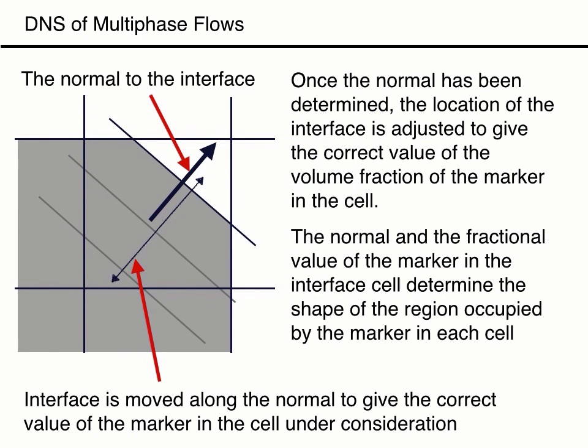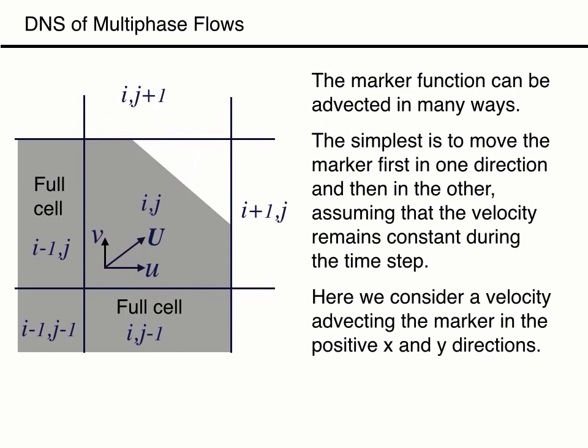Once the normal is found, the slope of the interface is known. We approximate the interface by a straight line perpendicular to the normal, and the location of the interface is found by moving it along the normal until the area below the interface matches the volume fraction of the marker in the interface cell. The marker can be advected in several ways, but the simplest approach is to advect it first in one direction and then in the other.